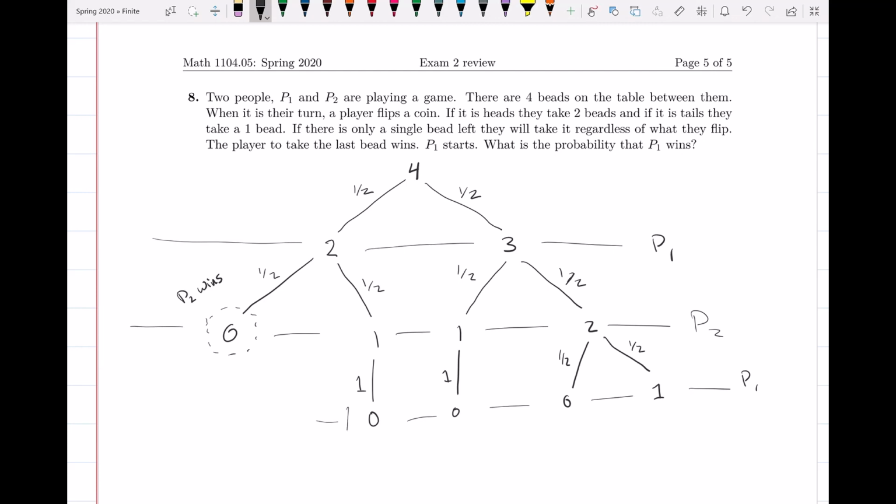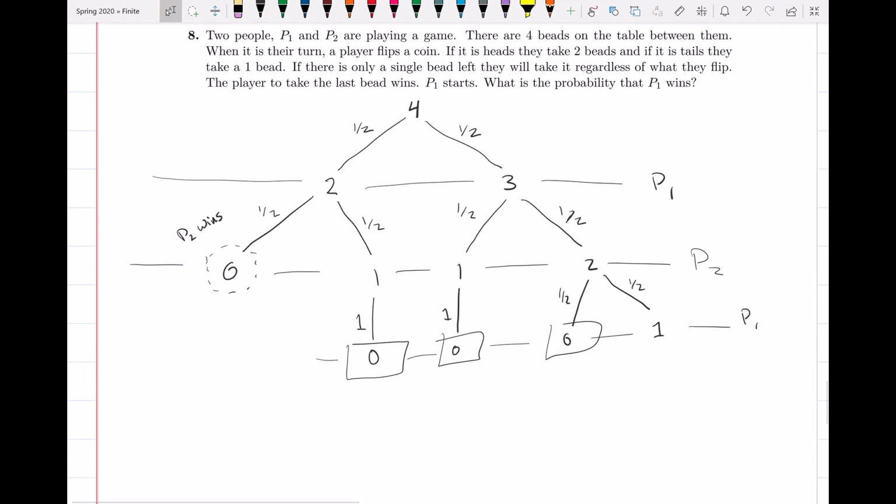Alright, so player 1 wins in these 3 scenarios, so the game ends. Then the last scenario, just to complete the tree, is that player 2 goes, and whatever they roll, they have probability 1 of taking the final bead, and there's 0. And so then player 2 wins again.